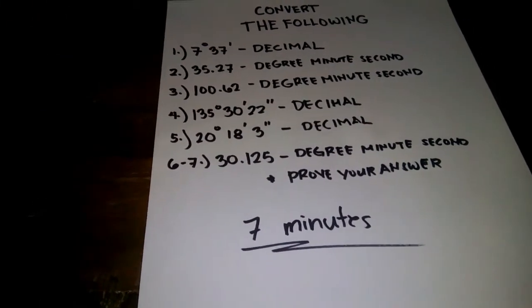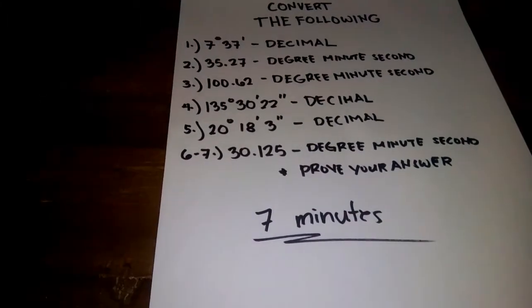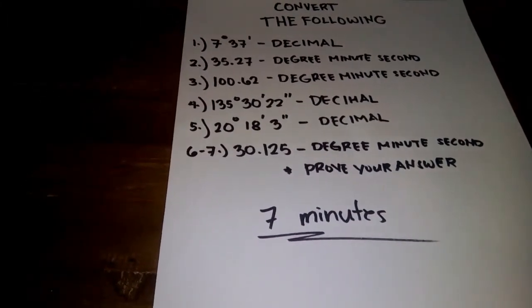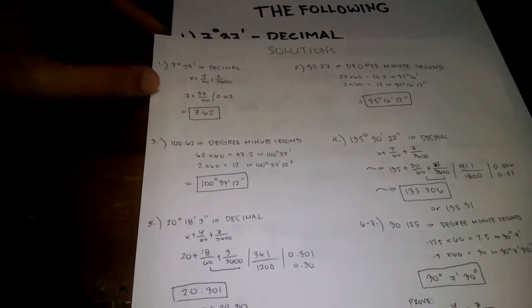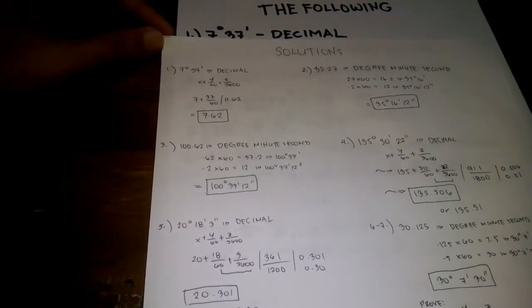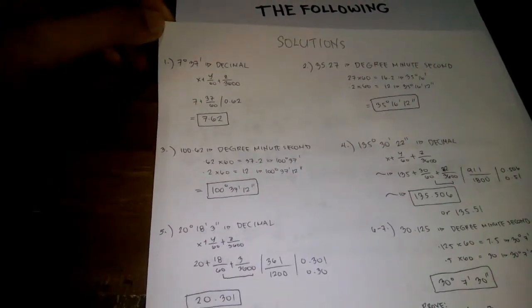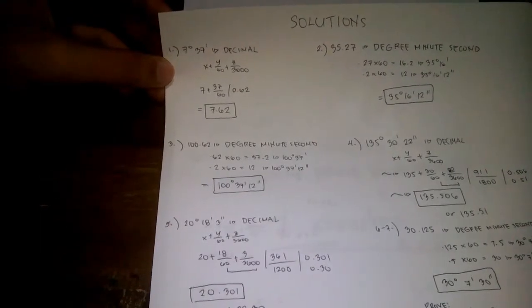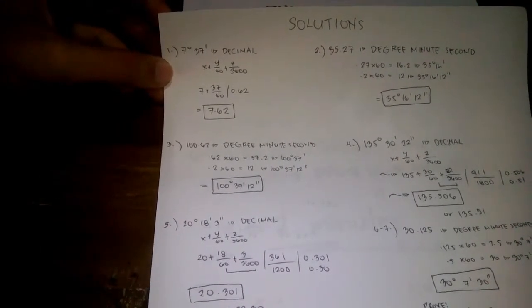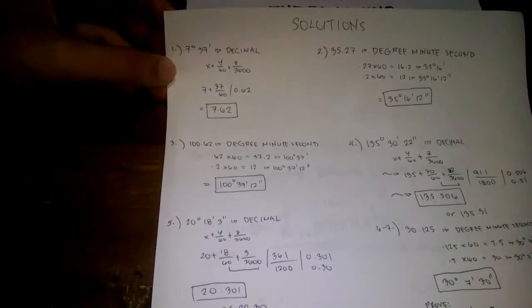So now, I'll be showing you guys my solution. Number 1, our given is 7 degrees and 37 minutes converted to decimal. Our general formula is x plus y over 60 plus z over 3600.